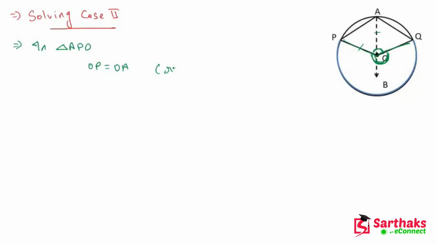And angle OPA is equal to angle OAP, because these are the angles opposite to the equal sides. So these angles are equal. Let's suppose this is equation number 1.